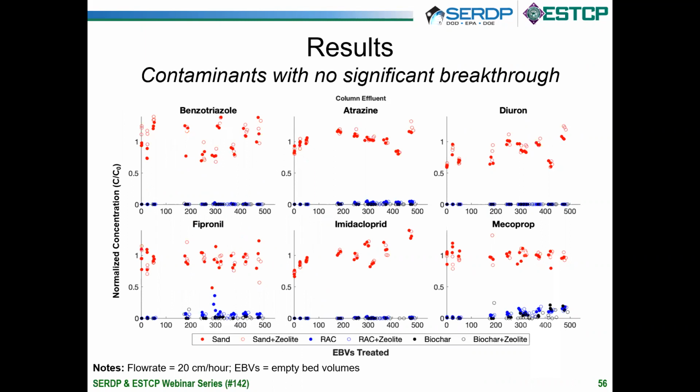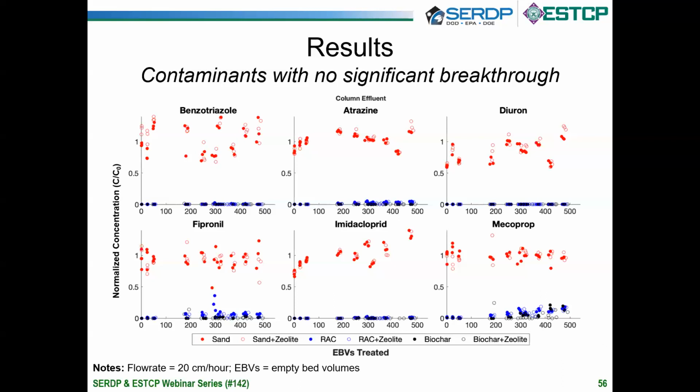Now, we're using a relatively low weight percent of biochar and regenerated activated carbon, about 2.4% biochar and about 3.3% weight percent of activated carbon. And the reason we're in the low range here is because we actually wanted to see transport through these columns. In reality, you might use more biochar or activated carbon.